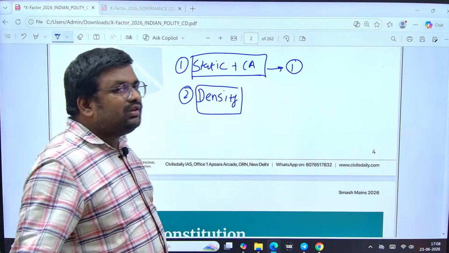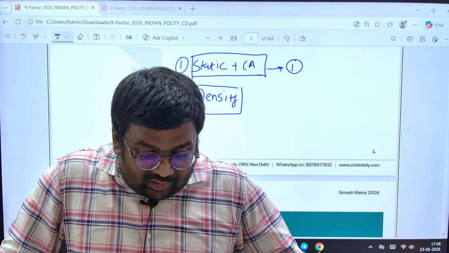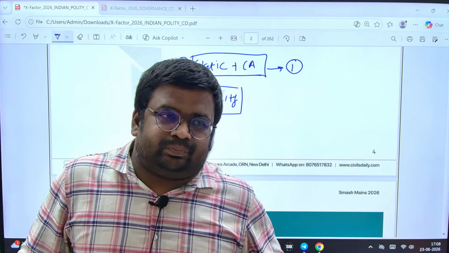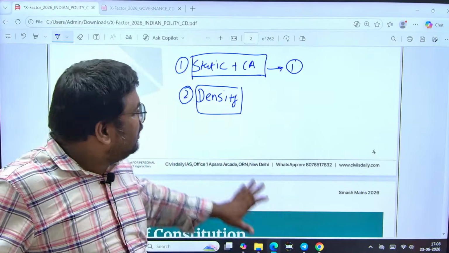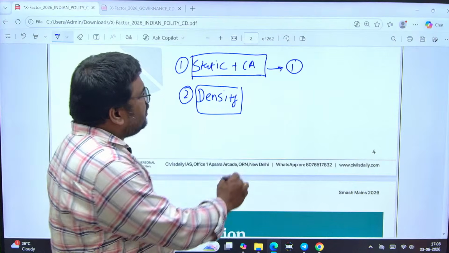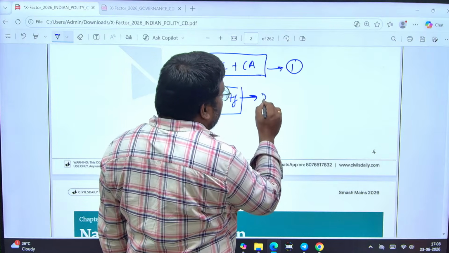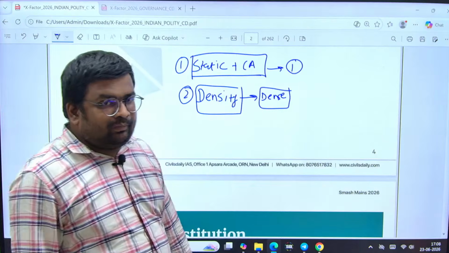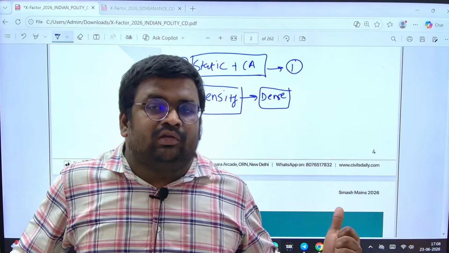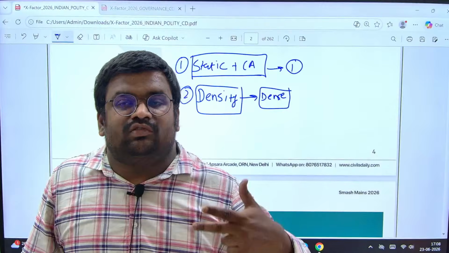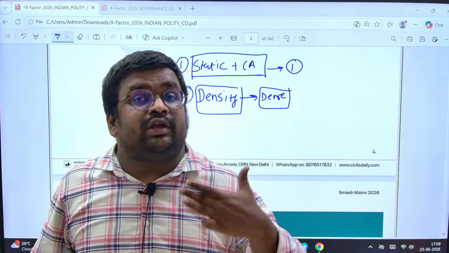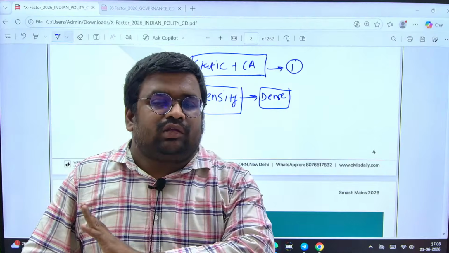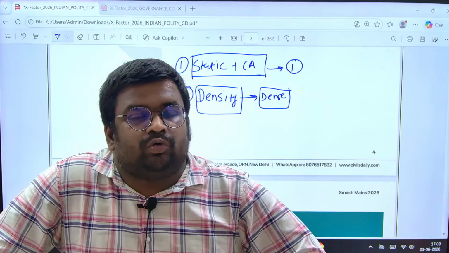ठीक है, and without any regret or without any sorry, I can clearly say that X factor notes are the most dense material that is there in the market. तो जितना data, जितना substantiation, जितने examples, जितने dimensions, जितने हमने cover किए हैं, उतने बाकी किसी भी notes में आपको मिलेंगे नहीं.